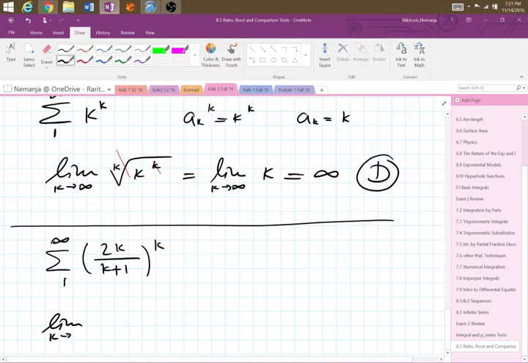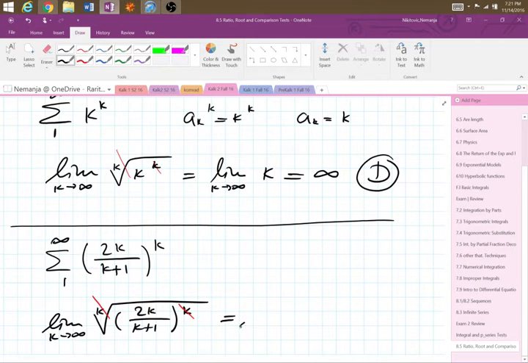Limit as k goes to infinity, kth root of 2k over k plus 1, everything to the k. When these cancel, all we're left with is 2k over k plus 1, and then what happens? Anyone? What's the limit?